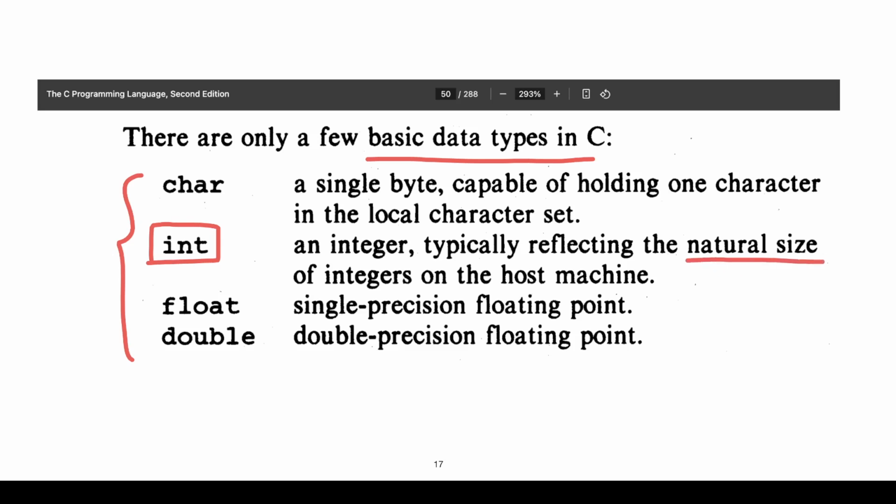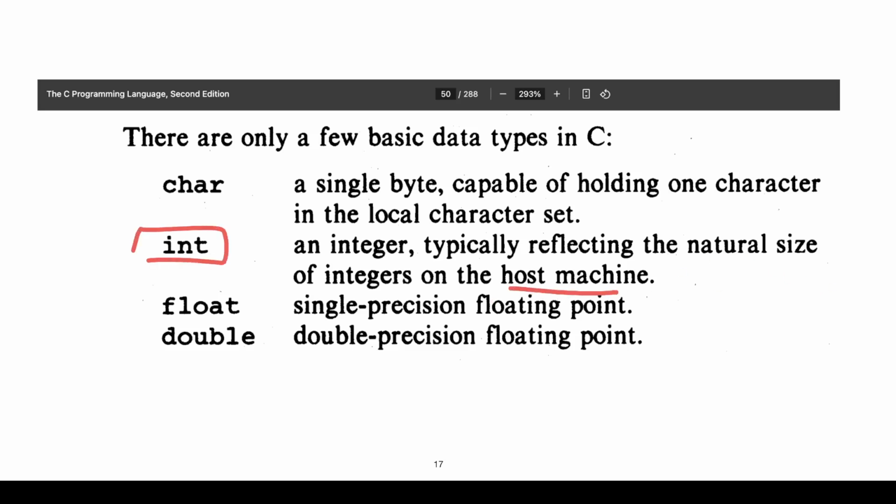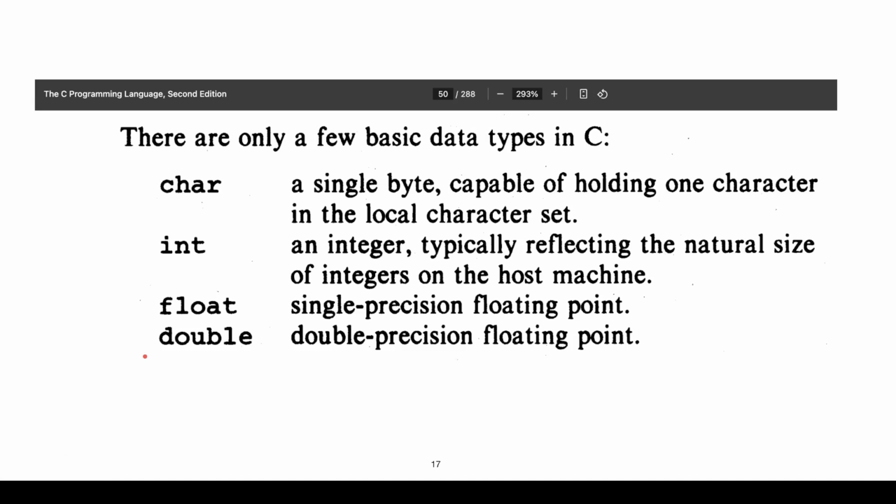We'll discuss each of these data types in more detail, but let me tell you, in 64-bit systems the size of character is 1 byte, float is 4 bytes, double is 8 bytes, and long double is 16 bytes. For integer, the natural size on host machines nowadays is 32 bits, or 4 bytes. Short integer is 2 bytes and long integer 4 bytes. We'll be covering these data types extensively in our upcoming discussion. So that's the basic idea of data types in C language.